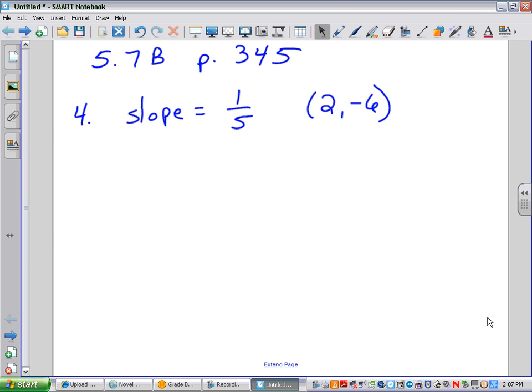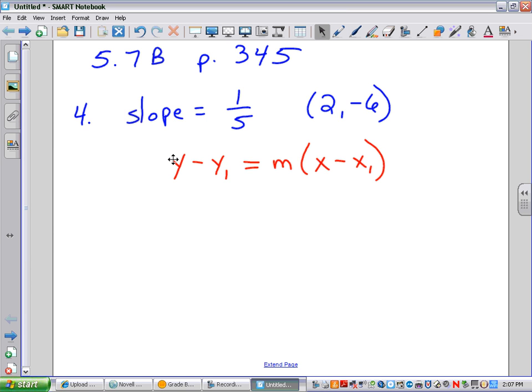Write an equation in point slope form. You need to look back, or maybe some of you already know point slope form, and that is this: y minus y1 equals m parentheses x minus x1.